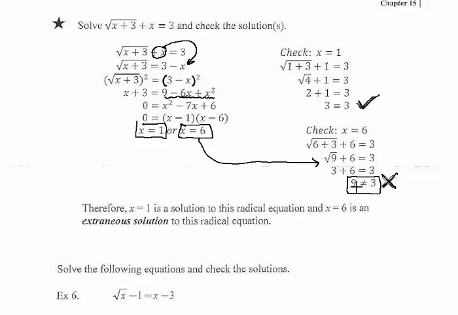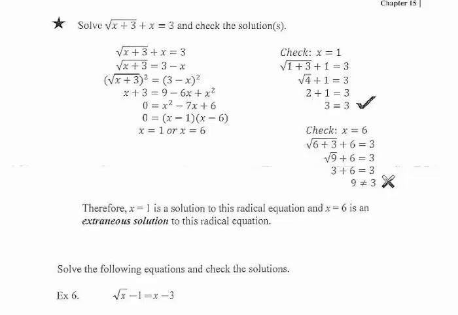Okay, so in the end, we say x equals 1 is our solution and x equals 6 is extraneous. Okay, so at this point it is pretty important with these types of equations to check your solution.